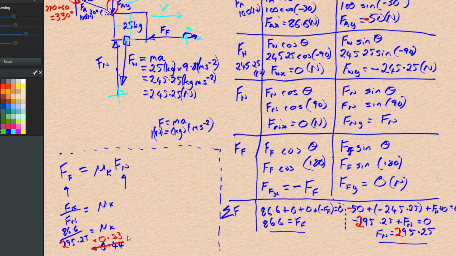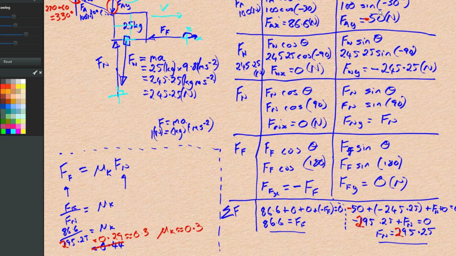No, sorry, 0.29, which is approximately equal to 0.3. So mu k, the coefficient of kinetic friction in this example of that carpet, is approximately 0.3. Okay. As I say, be careful of this.